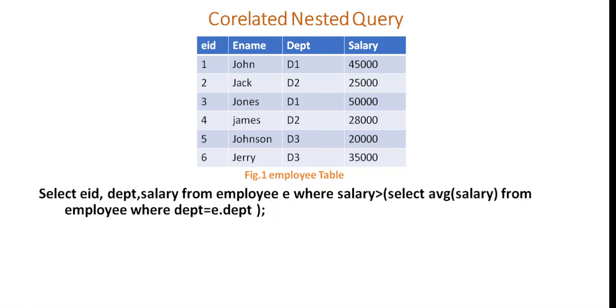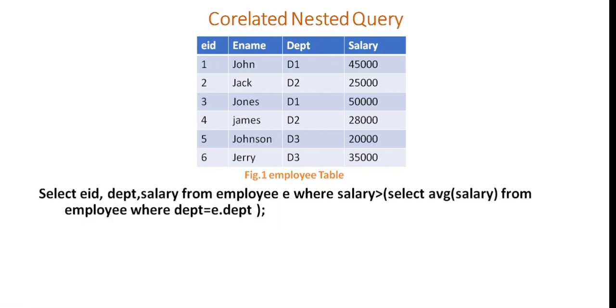So I can simply write: select employee ID, department, salary from employee E. This is an alias now; the employee table can be identified by the name E. It is called a table alias. We have already studied this.